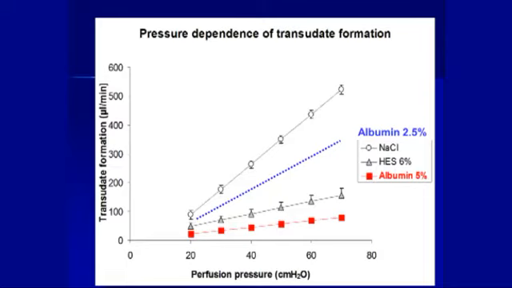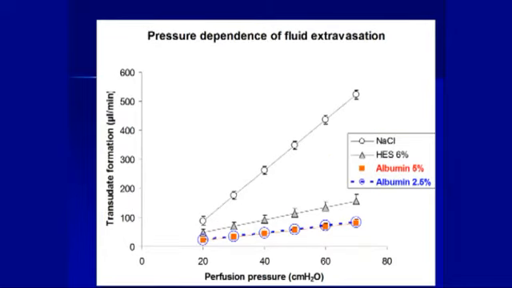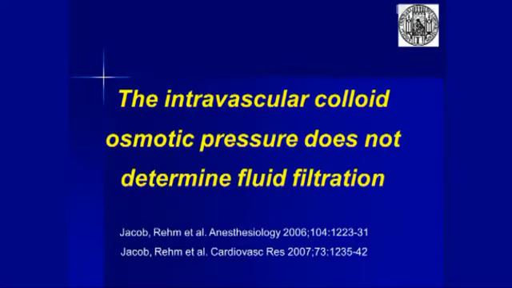We were sure that this would now diminish the impact of albumin on vascular sealing. Again, we got a very surprising result. The net fluid filtration was the same with both albumin preparations. So the intravascular colloid osmotic pressure obviously does not determine fluid filtration. The kind of the applied colloid seemed to be much more important.